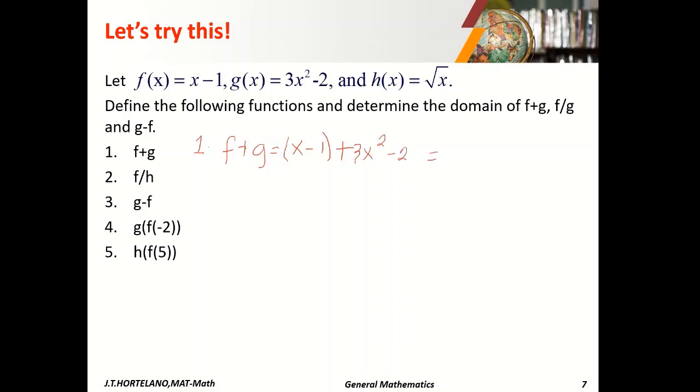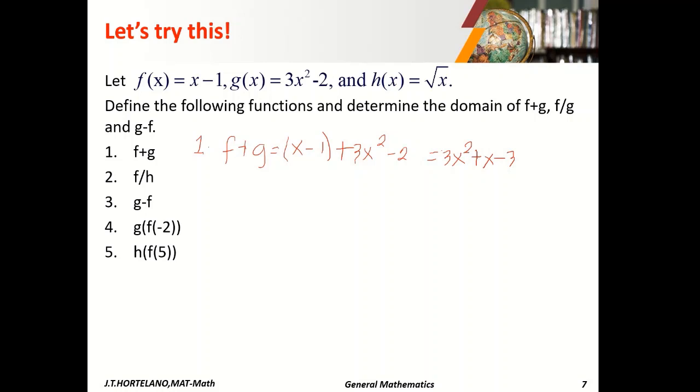Now simplify. 3x squared, wala naman siyang kasama na, walang similar term dito, ang x squared rather, so copy lang. Ang x wala din, so copy. But we can combine negative 1 and negative 2, so that's negative 3. So therefore, the sum of two functions f and g is 3x squared plus x minus 3.